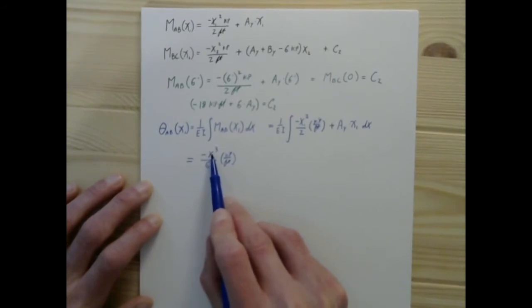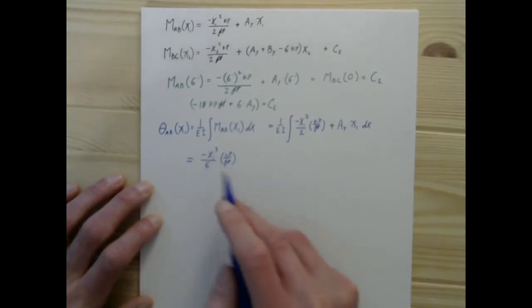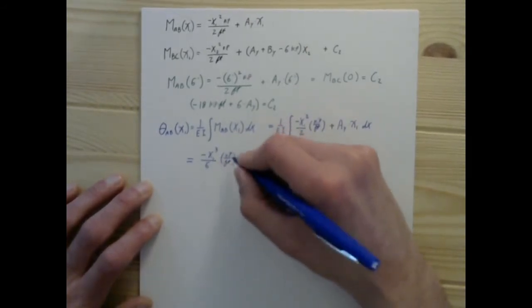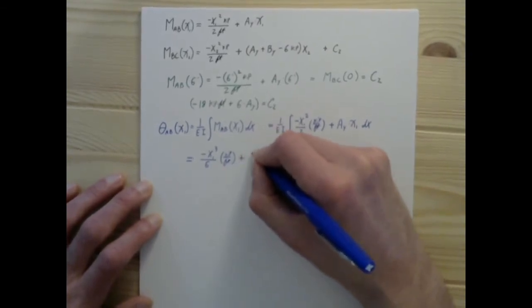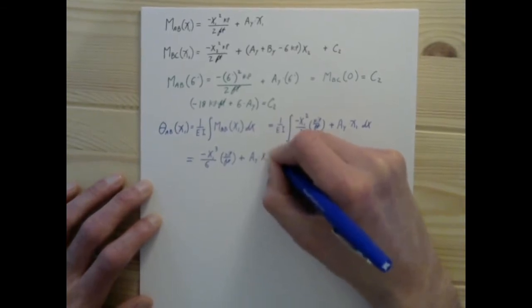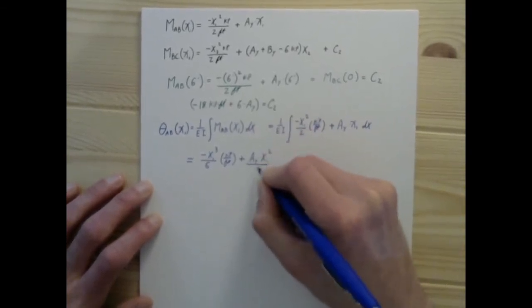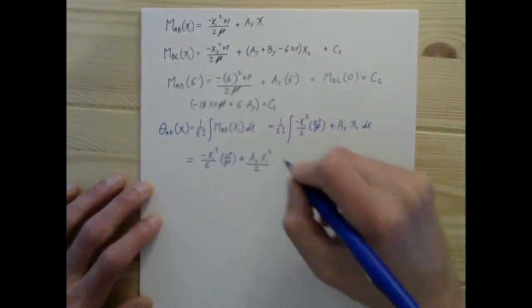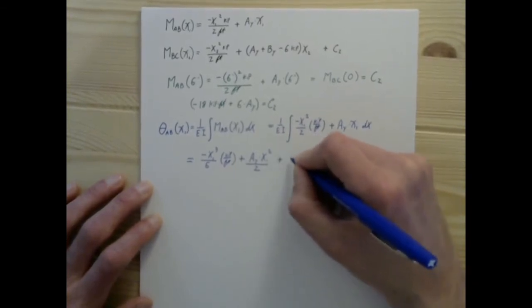So these are feet to the fourth or third. Plus AY times x1 squared, divided by 2, plus some constant of integration, C3.